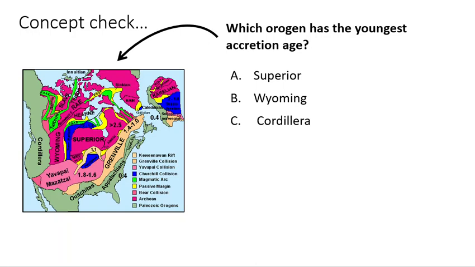So let's see, to help you see them, there's the Superior origin, there's the Wyoming origin, and there's the Cordillera origin. So based on that rule that we developed earlier, which origin has the youngest accretion age? I'll let you think about that for a little while.